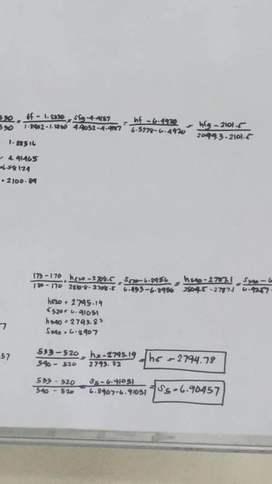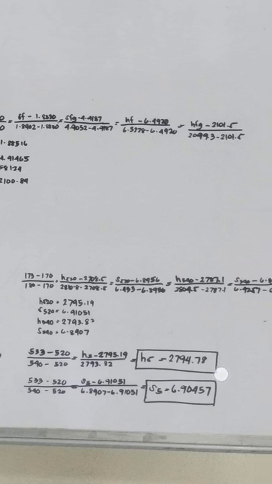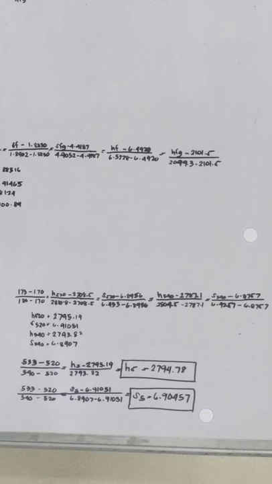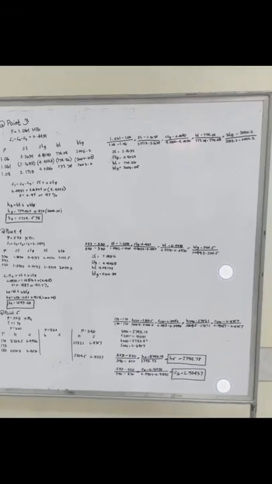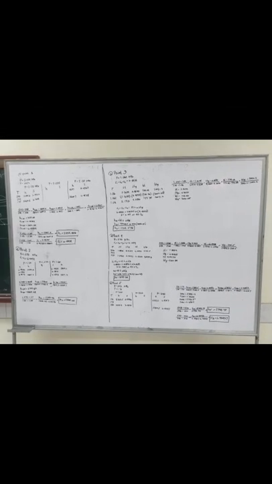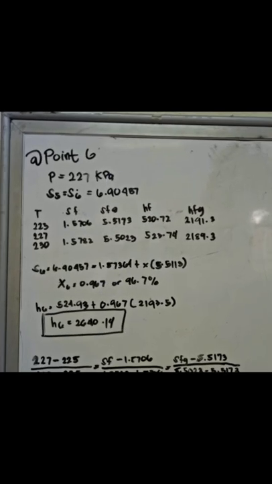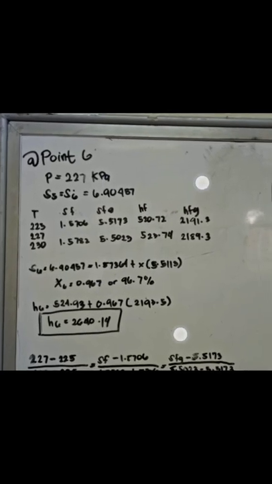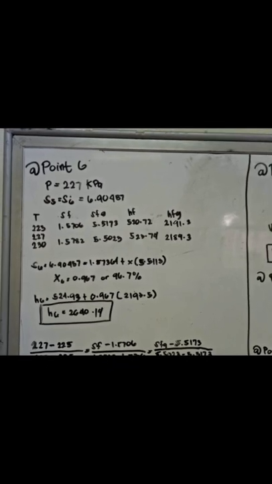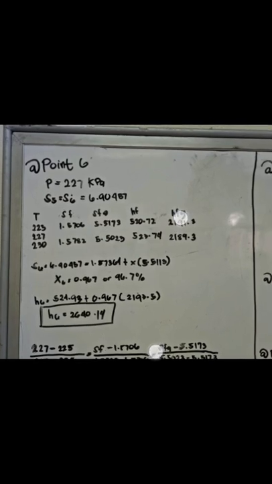H5 is equal to 2794.78, and the specific entropy is equal to 6.90457. So let's proceed to point 6.